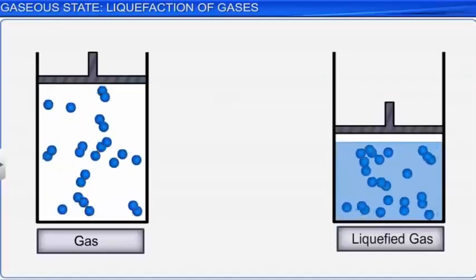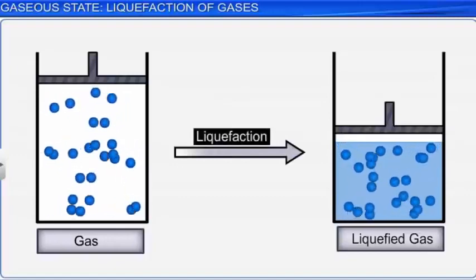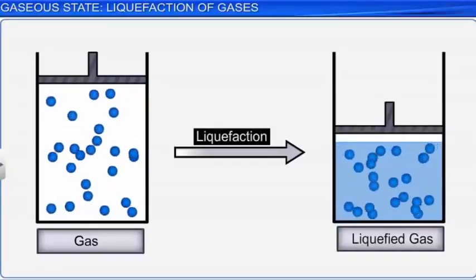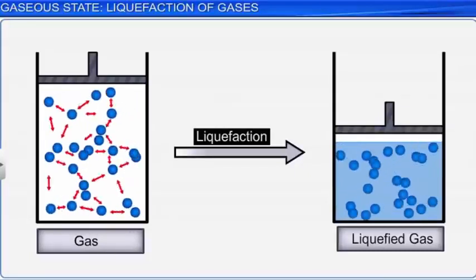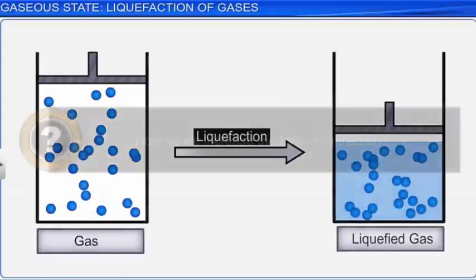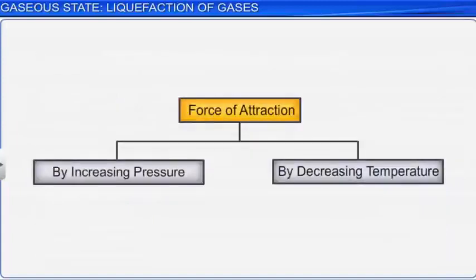A gas can be converted into a liquid through a process called liquefaction. Liquefaction of a gas can occur only when the intermolecular force of attraction between the gas molecules are increased. So, how do we increase the force of attraction? It can be increased in two ways.